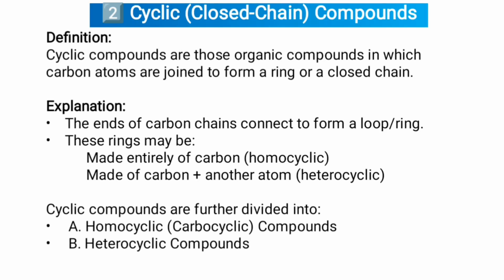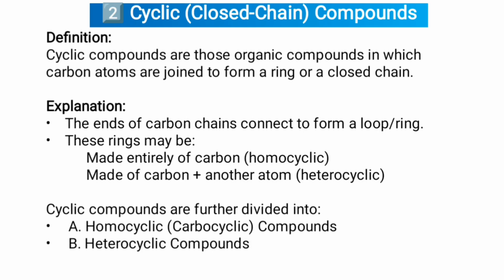Second one, cyclic or closed chain compounds. Definition: cyclic compounds are those organic compounds in which carbon atoms are joined to form a ring or a closed chain. Explanation: the ends of carbon chains connect to form a loop or ring.